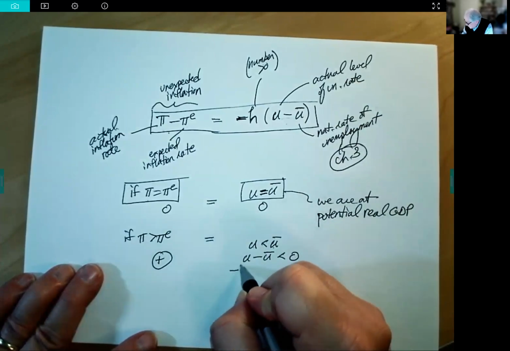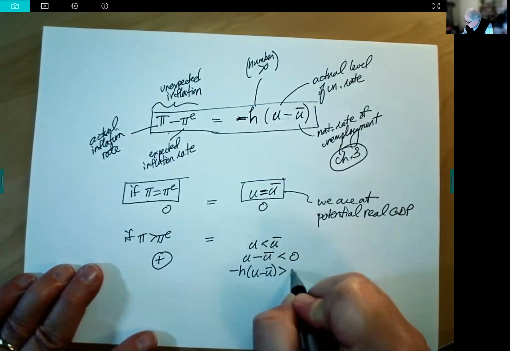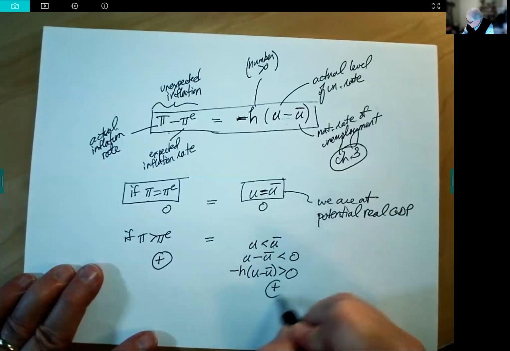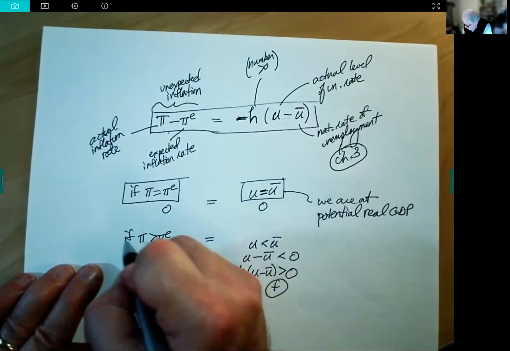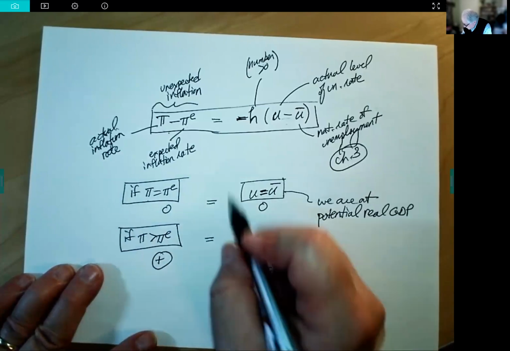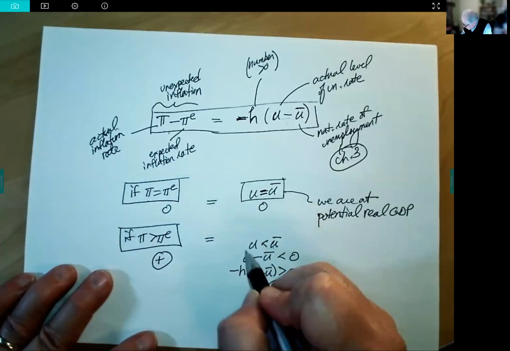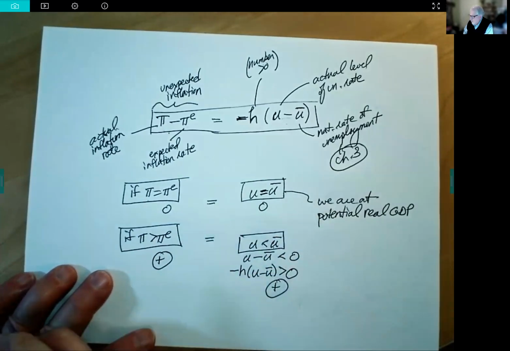And then minus H times U minus U bar has got to be greater than 0. Positive, right? Because this is a minus and a minus. Positive. So, if the actual level of inflation is greater than expected inflation, the actual level of unemployment is below the natural rate of unemployment.